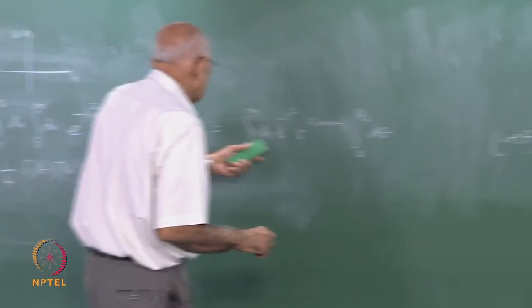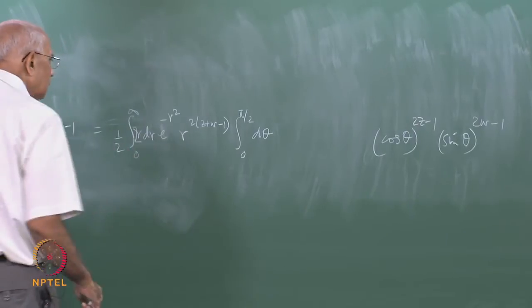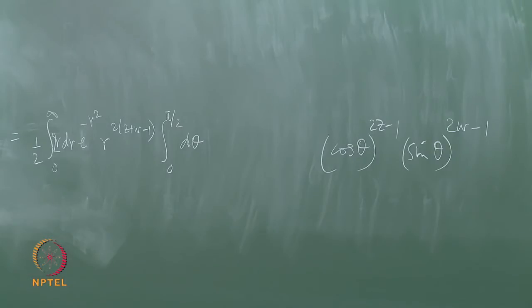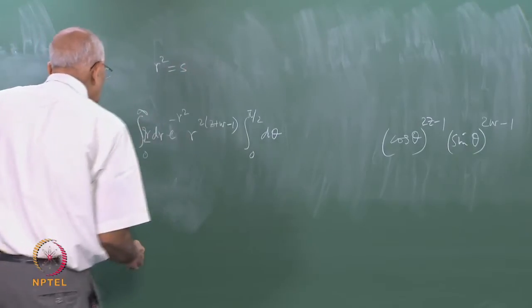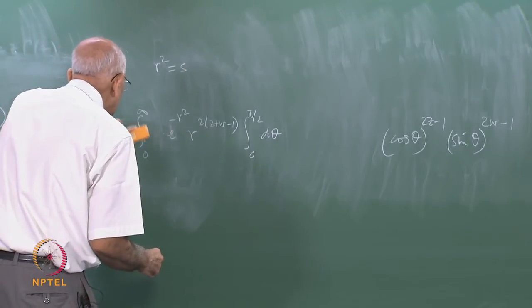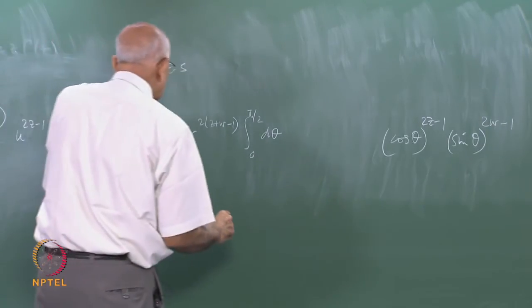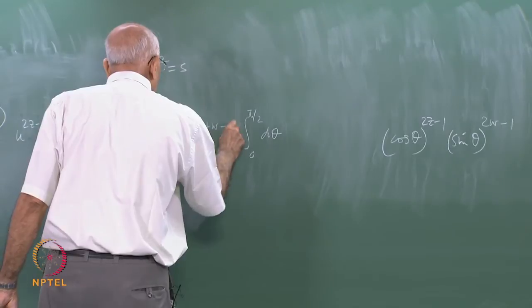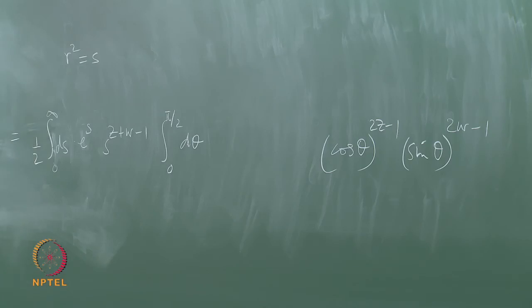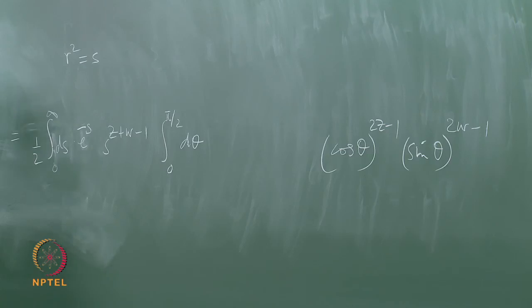But r dr, if I had had a 2r dr and I put a half here, that is d of r squared, and I change variables immediately to r squared. So let us call r squared equal to s, for example. Then this is integral ds e to the minus s, s to the power z plus w minus 1. But this is a gamma function. Now that is gamma of z plus w.